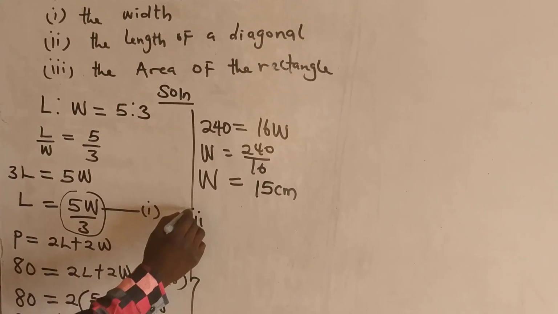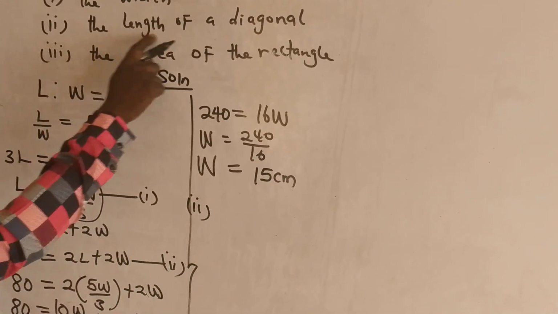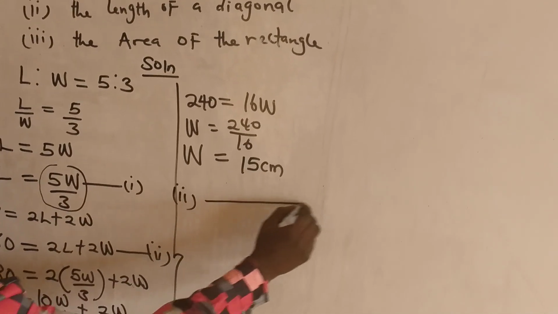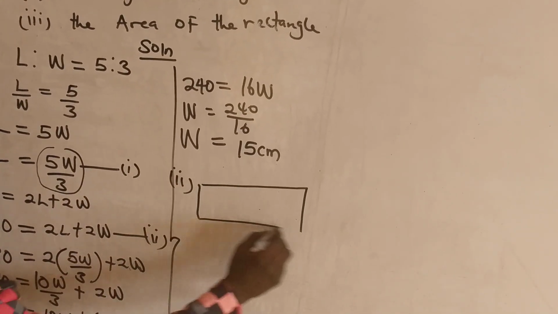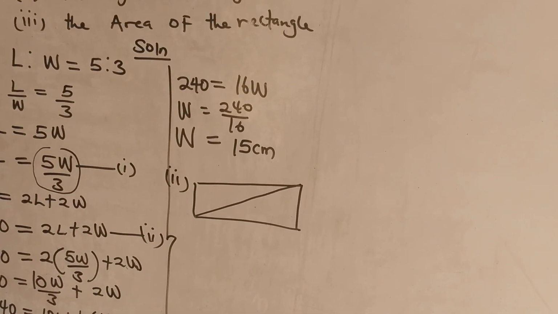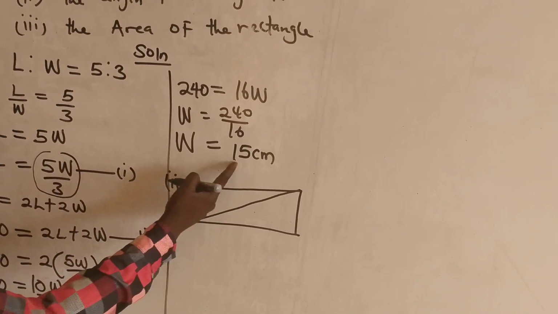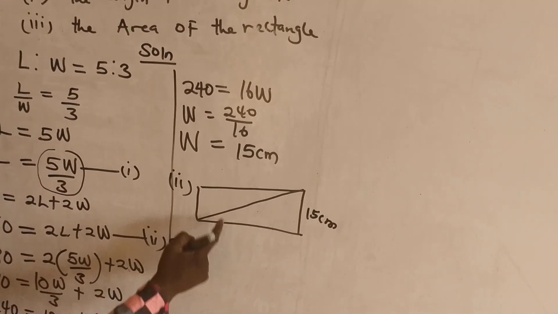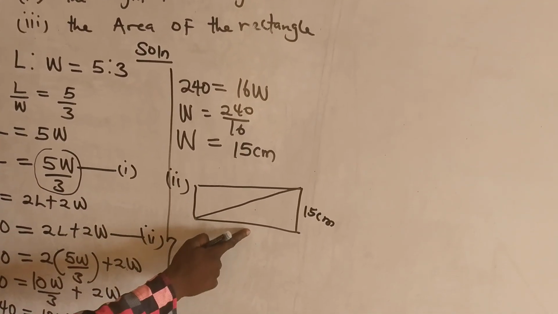Roman figure 2. Calculate the length of the diagonal. If you have a triangle like this, we have a diagonal that goes this way, and we have gotten our width to be 15. This side is 15. But before we can calculate this, we need to get the length.